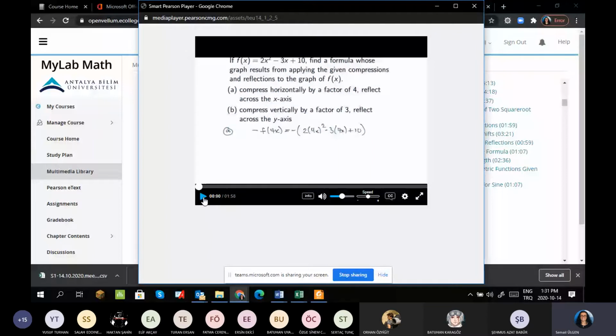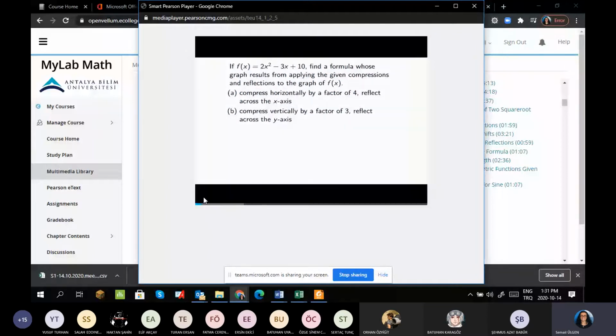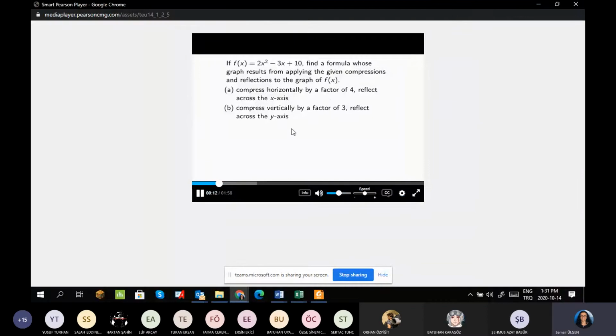If f of x equals 2x squared minus 3x plus 10, we want to find a formula whose graph results from applying the given compressions and reflections to the graph of f of x. For part A, compress horizontally by a factor of 4 and reflect across the x-axis. A horizontal compression by a factor of 4 comes from multiplying each x value by 4 before evaluating the function formula f.